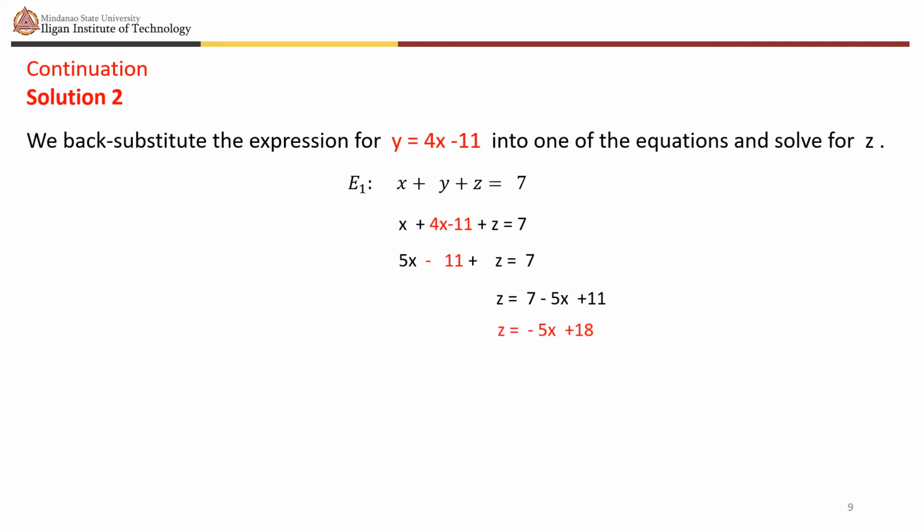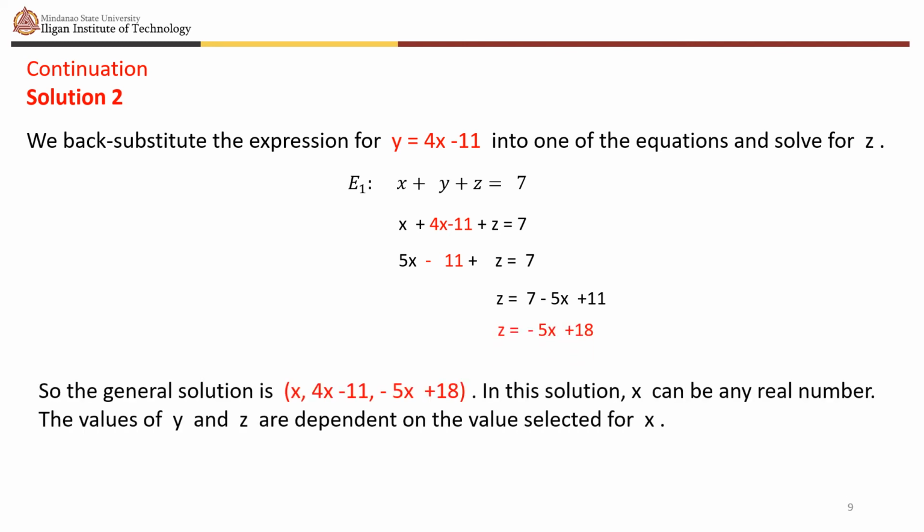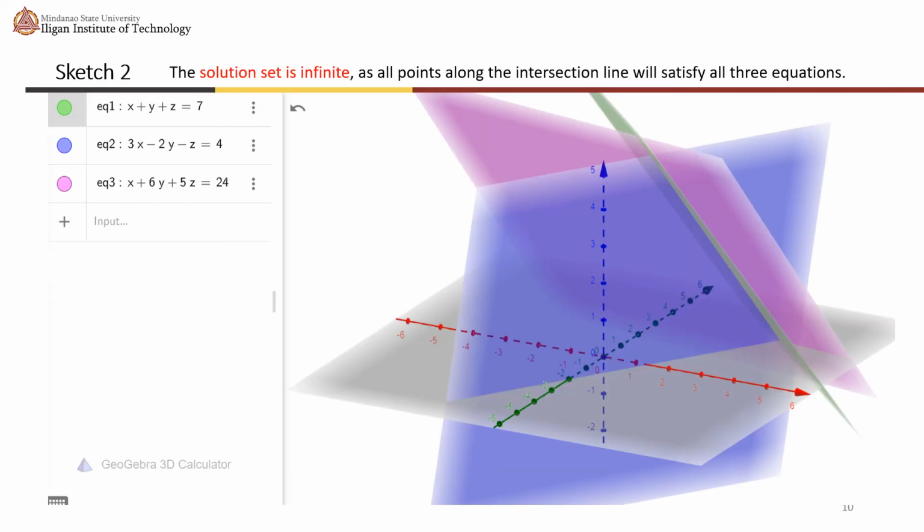So we have this, meaning to say the general solution is given by x, then our y is 4x minus 11, and z is negative 5x plus 18. So in this solution, x can be any real number, and the values of y and z are dependent on the value selected for x. So here's the sketch.